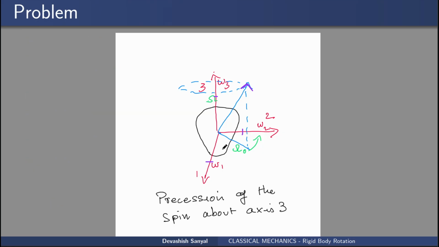The angular frequency vector is going around direction 3 with angular frequency alpha, and that is why we have omega 1 and omega 2 changing with time.